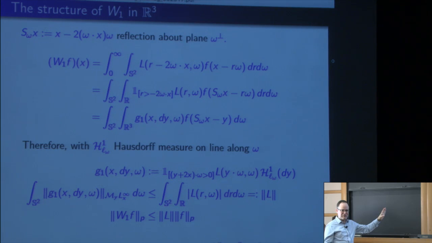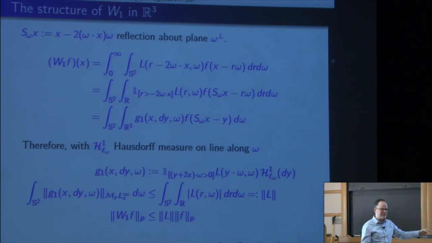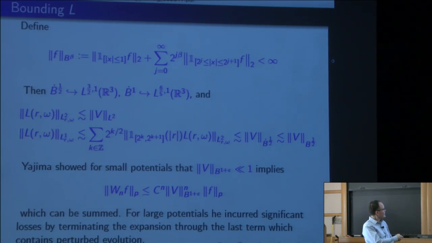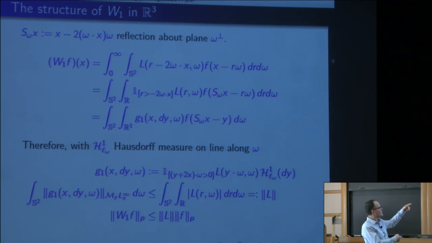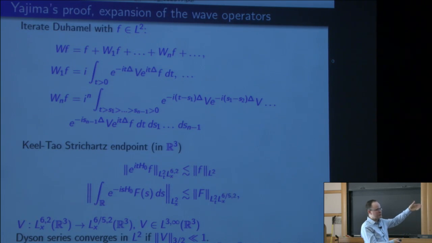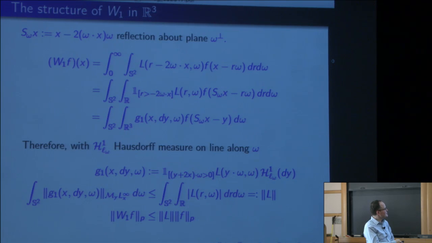I only understood Yajima's LP theory once I saw this, because here, when you see this, you kind of believe that there is an LP bound, right? But you should believe a little bit more. You should believe perhaps that the higher W's, the next terms in this expansion, W2, W3, might also satisfy a representation of this form, where W becomes an average in this sense of translations and reflections by planes.